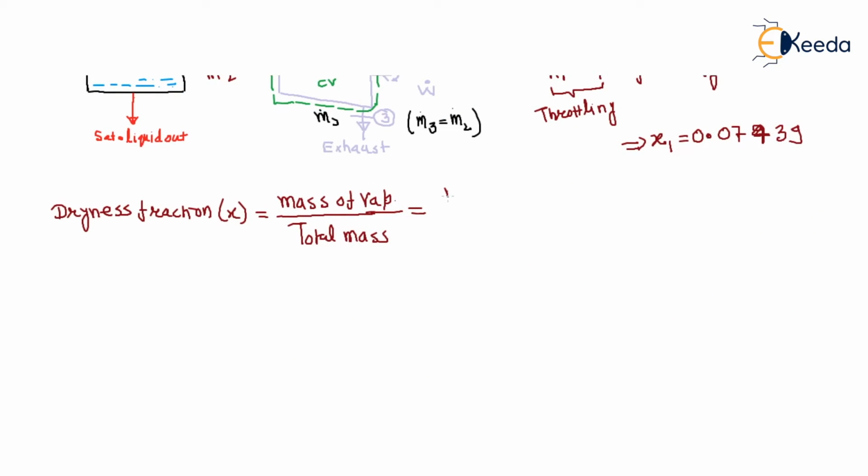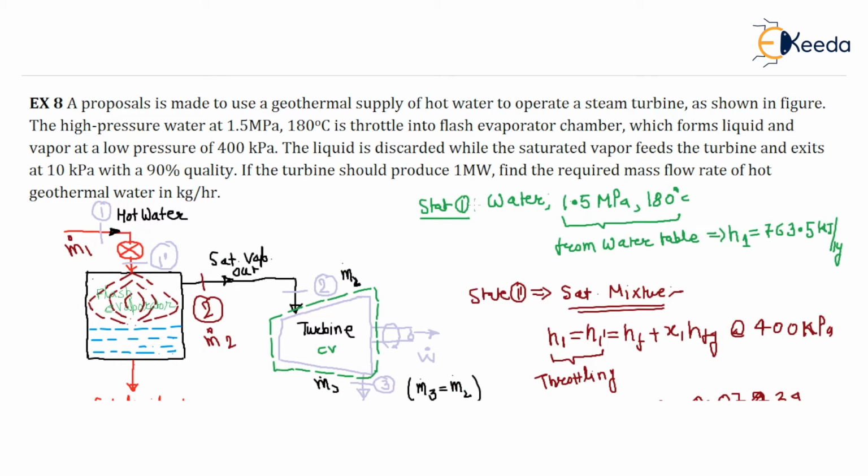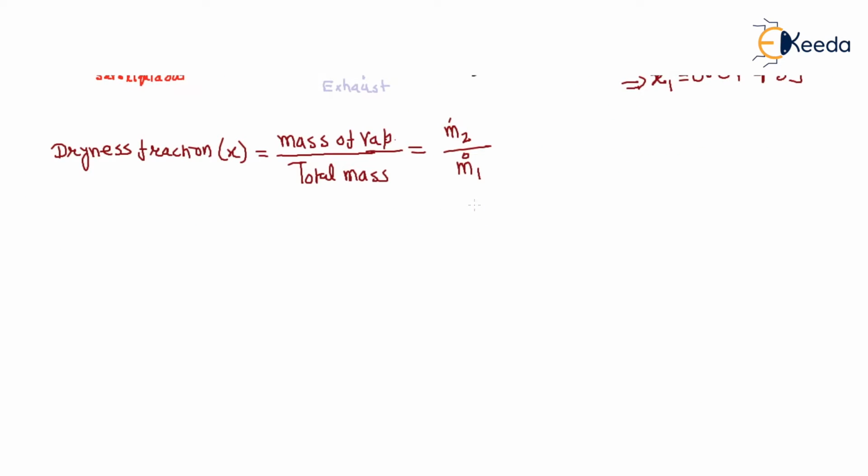So x is m2 dot divided by m1 dot. Now what is the question? The question is to find the required mass flow rate of hot geothermal water, so we have to find m1 dot in kg per hour. You have to calculate it.